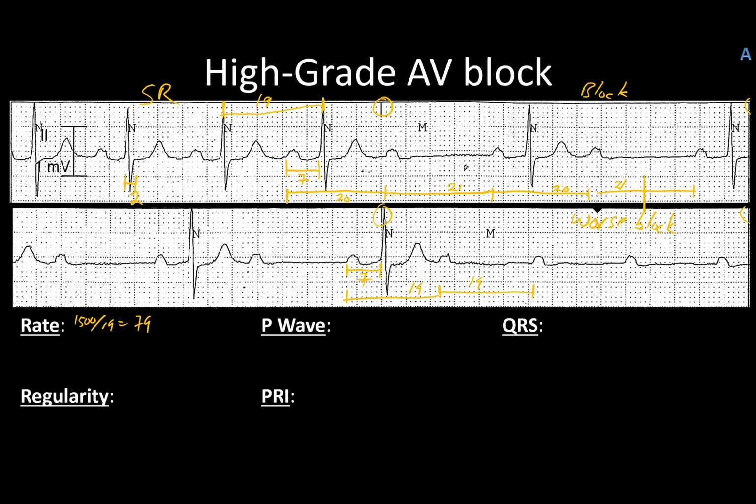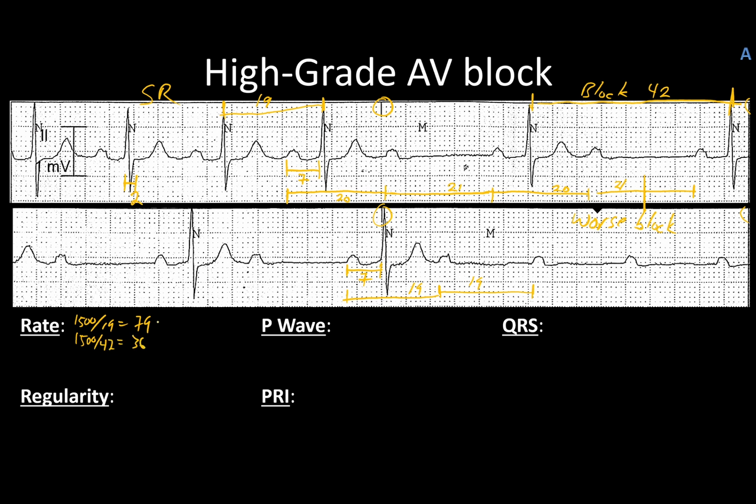But then what happens as we go on, the latter half of that top strip only has 2 beats in it. So your heart rate would be 40 or less. In fact, if we mark these out from here to here, that has a total of 42 spaces, and so 42 gives you essentially 36.